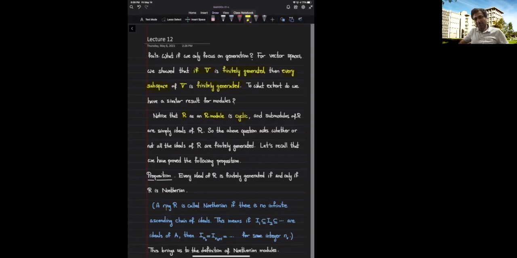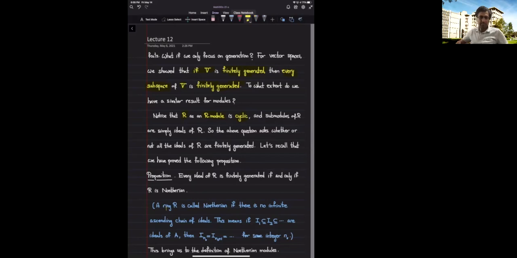If you think about it, we reached this type of question when we were discussing uniqueness of factorization into irreducible elements for PIDs. There we had to exclude the existence of certain strictly ascending chains of ideals, and we showed that this phenomenon happens if and only if every ideal of R is finitely generated. In fact, that was our motivation to define Noetherian rings.